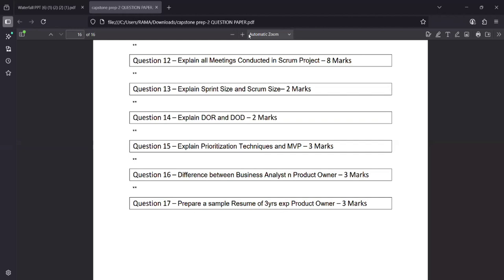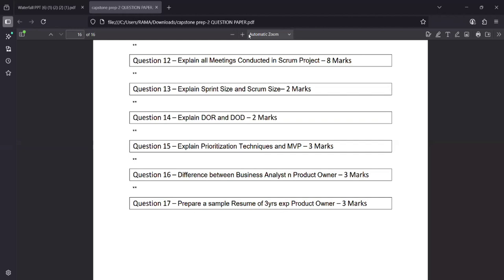The business analyst analyzes the requirements and helps define how to build it. The product owner decides what to build, not how to build. The product owner focuses on product vision, priorities and customer needs.